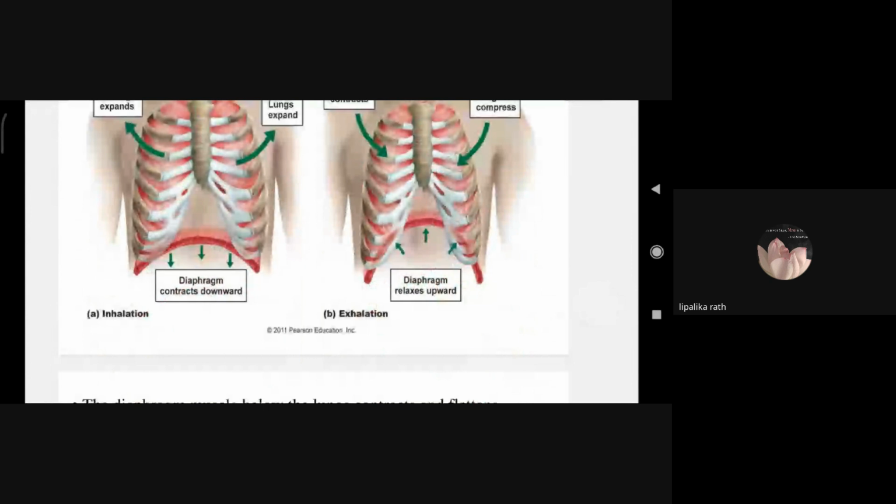The diaphragm is a muscular structure, so it will obviously expand and contract. The diaphragm contracts during inhalation and expands during exhalation. But how can the rib cage expand and contract?